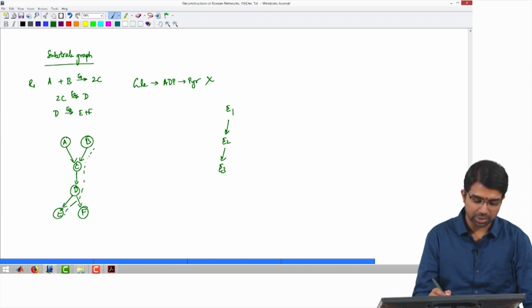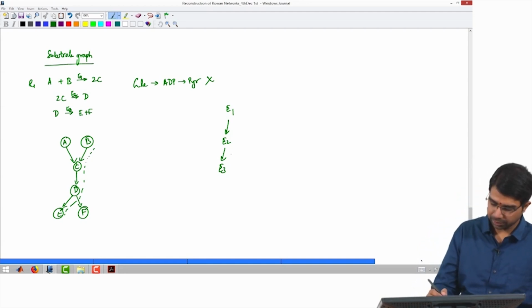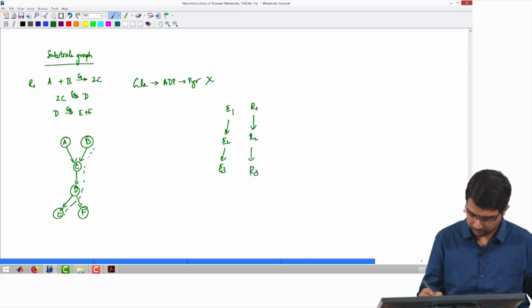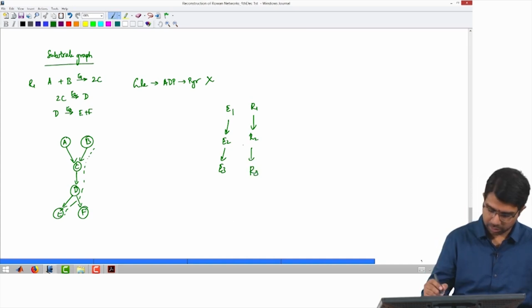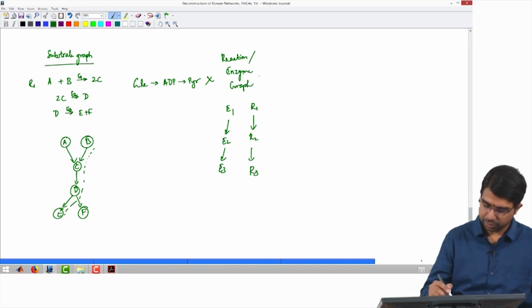E1 is the enzyme that does A and B to C, E2 is the enzyme that does C to D, and E3 is the enzyme that does D to E and F. You could also replace this with reactions, so it is the same thing. So, this is a reaction or enzyme graph.